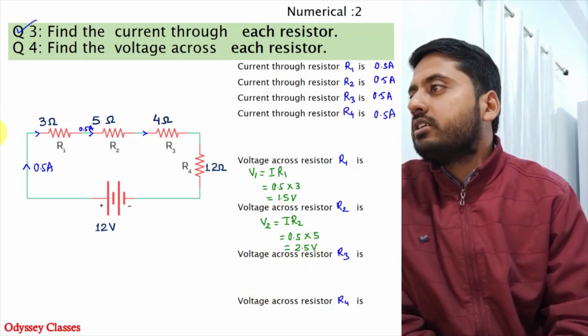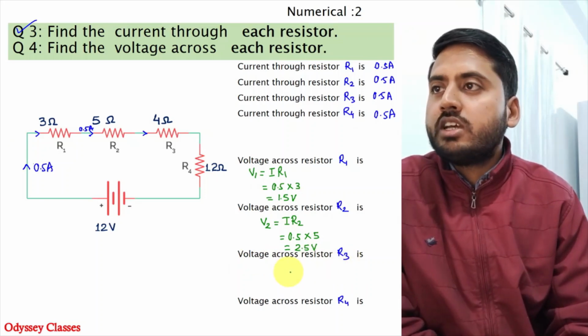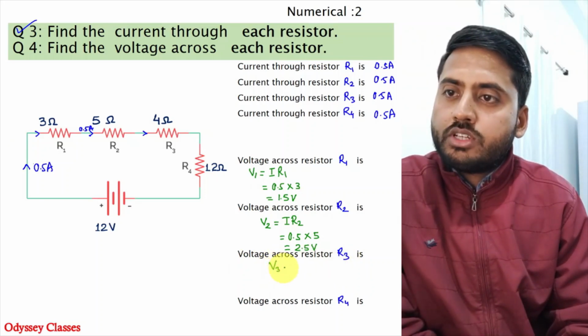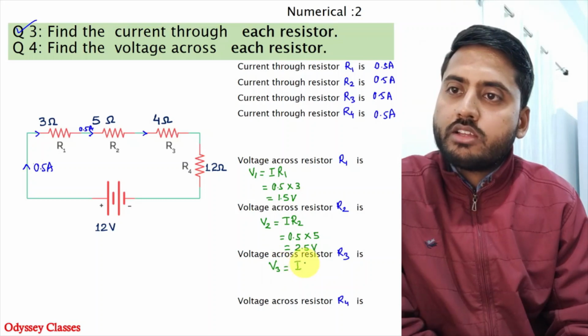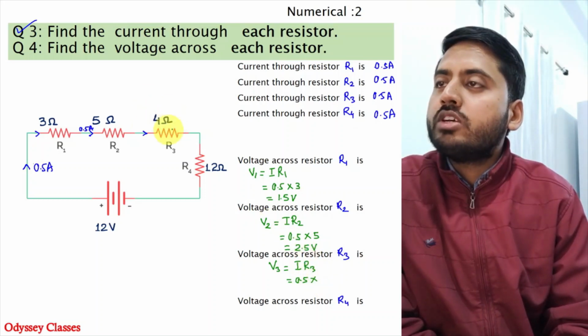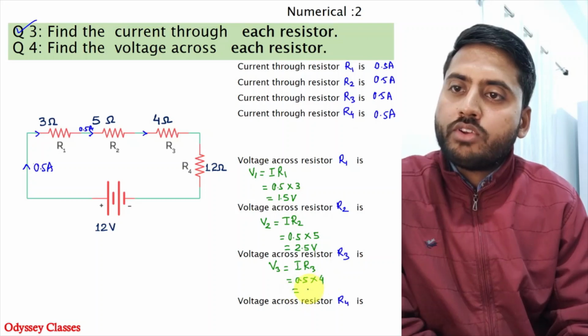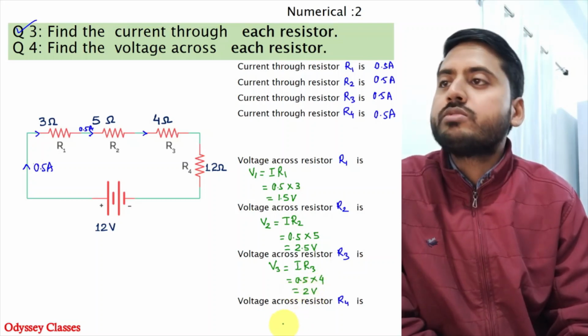Let's find the voltage across resistor 3. Same formula, V3 equals I times R3. Value of current 0.5 ampere and resistance value in the question is 4 ohms. So half into 4 is going to be 2 volts.